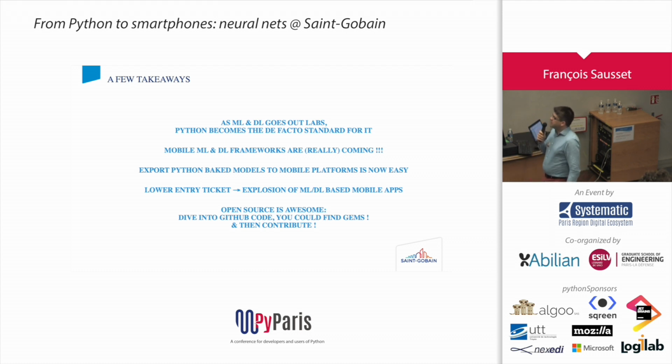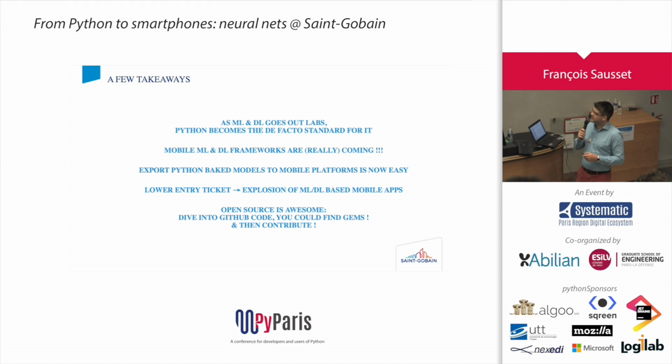So as machine learning and deep learning goes out of labs, Python becomes kind of standard, because Facebook and people from the labs were using mainly Torch and Caffe for deep learning, but if you are not a researcher on deep learning, you will more use Keras and TensorFlow or other frameworks, mainly based on Python.